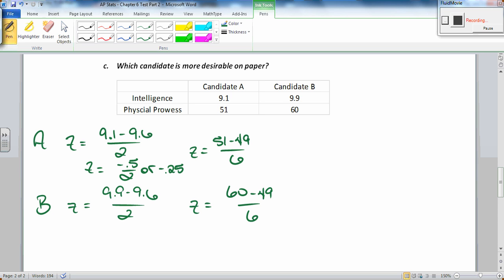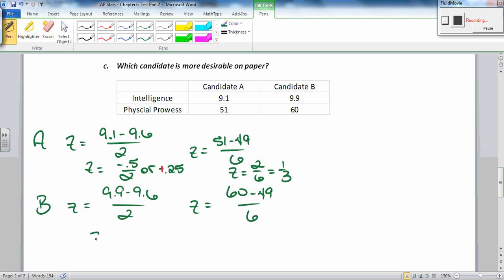Now remember that this score of 9.1 is actually more desirable. It's better than the mean. So we would make sure that when we use this, we would use it as a positive 0.25. Okay. Over here, the z-score is equal to 2/6, or 1/3. Okay, in this case, this score is better than the mean, so we're going to leave it as positive.